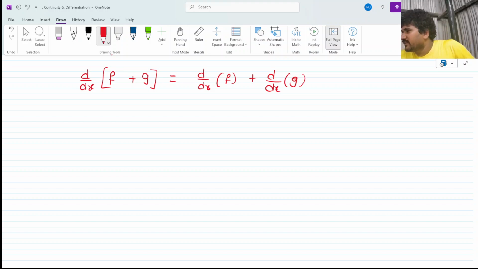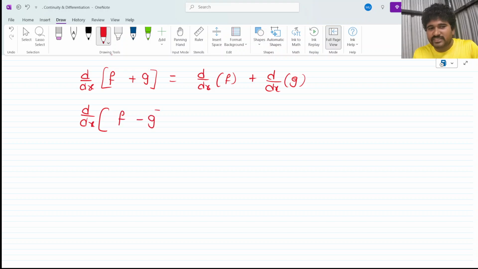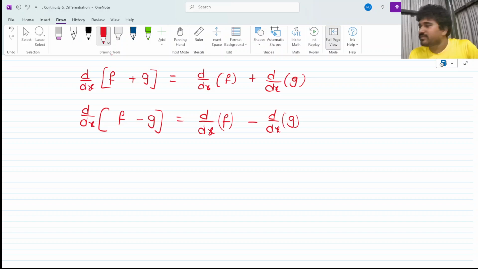Is that clear for everybody? Understand? What about subtraction if it is there? D by dx of f minus g, what will you write? D by dx of f minus d by dx of g. Understand?